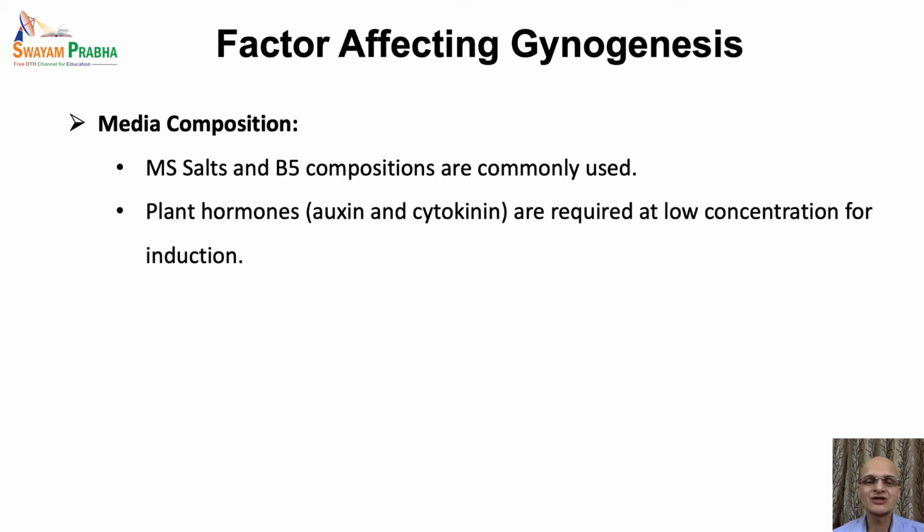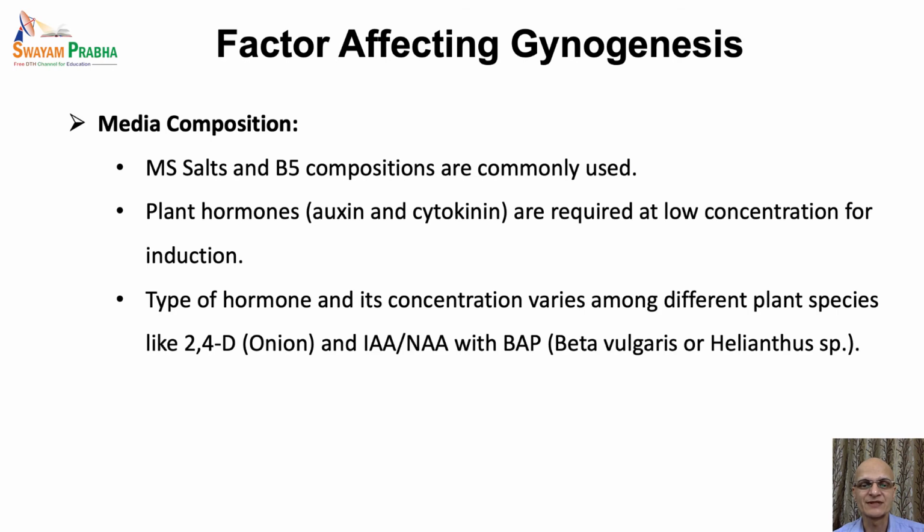However, the addition of growth hormones at low concentration enhances the gynogenic responses considerably, even in these species, like in maize, where the gynogenic response was obtained without the exogenous supply of these hormones. So low concentration of plant hormones is helpful for the induction of these responses.